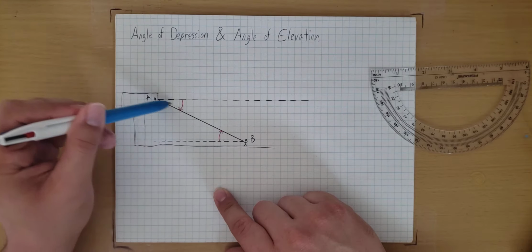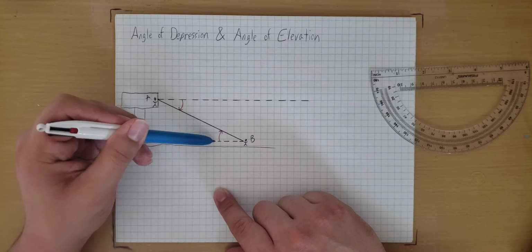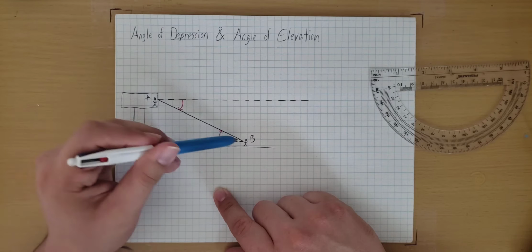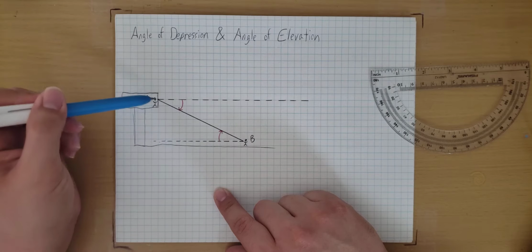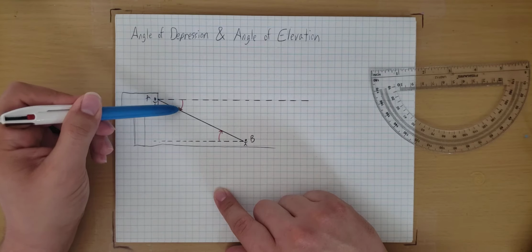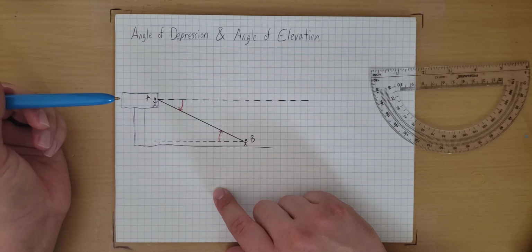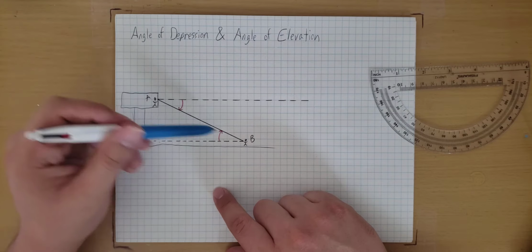The line of sight opens upward. It's above the horizontal. So from person B's perspective, we have an angle of elevation. Person A, we have an angle of depression. Okay, so that's the difference between the two.